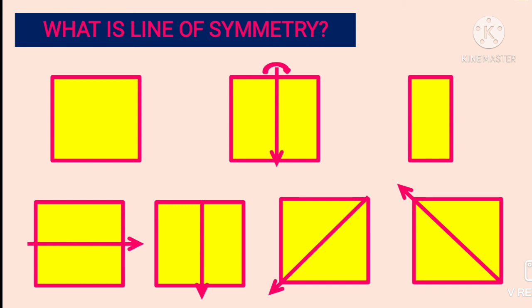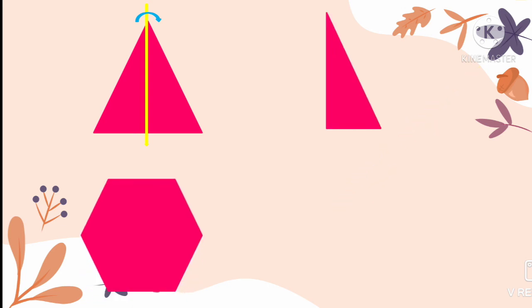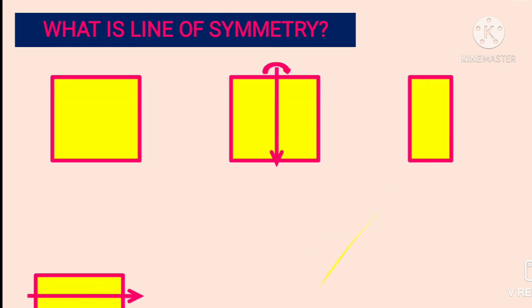So the square has 4 lines of symmetry. What about this? Isosceles triangle has 1 line of symmetry. What about the hexagon? It has 1, 2, 3, 4. 4 lines of symmetry.